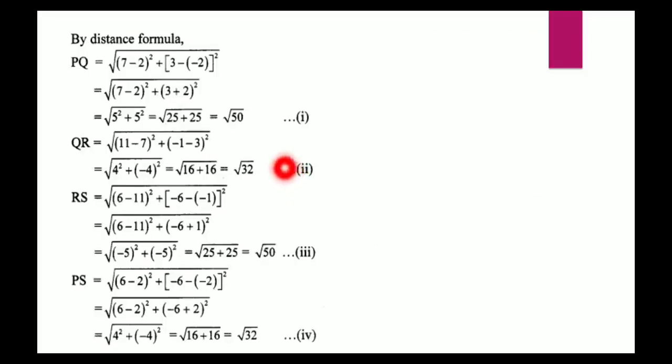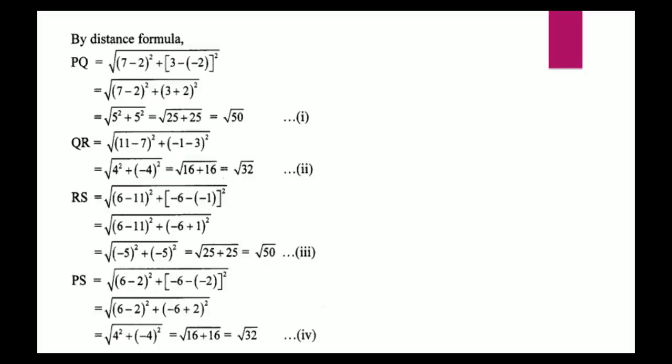So it has been solved, children. You can solve it by yourself and check with this video whether the values match or not. If we see statement number 1 and 3, PQ and RS are the opposite sides and both are congruent too, because the values are equal. In the same way, statement 2 and 4, QR and PS, are root 32 and root 32, so both are equal.